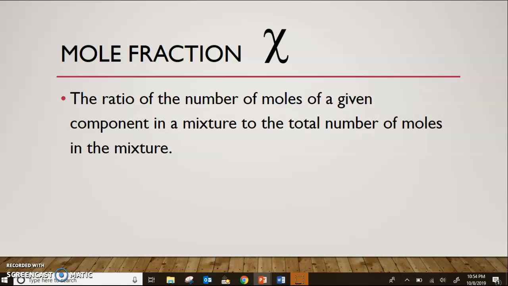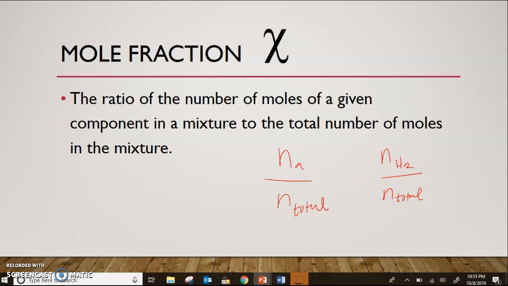You will come across this. It's called the mole fraction. The mole fraction is just the ratio of the number of moles of one particular atom over the total number. So it would be like N, number of moles of A, over number of moles total. So if I was looking for the mole fraction of H2, that'd be the moles of H2 over moles total.